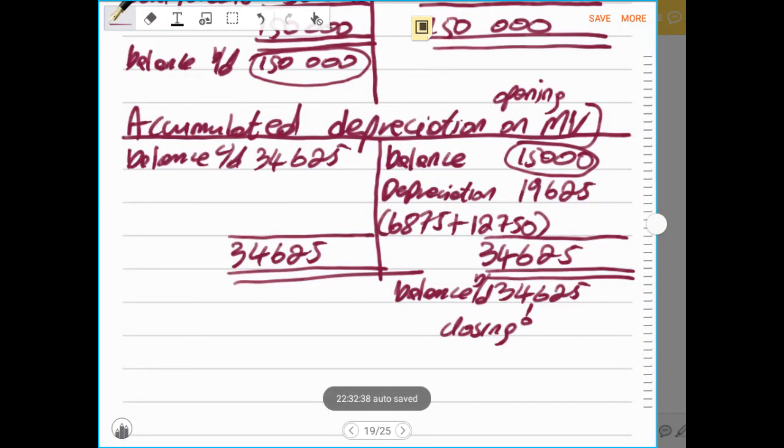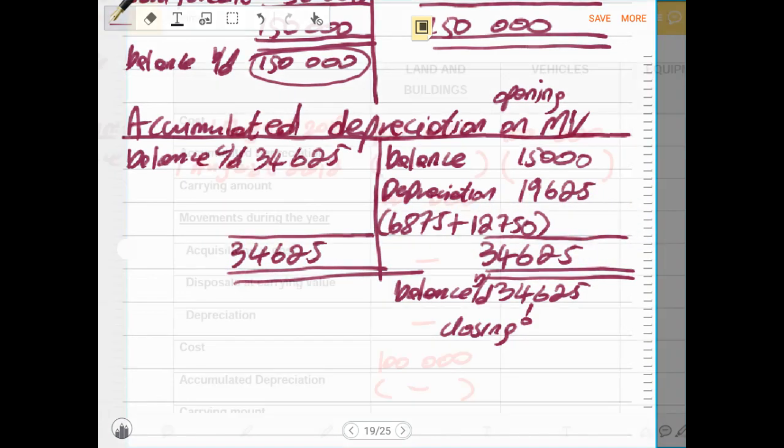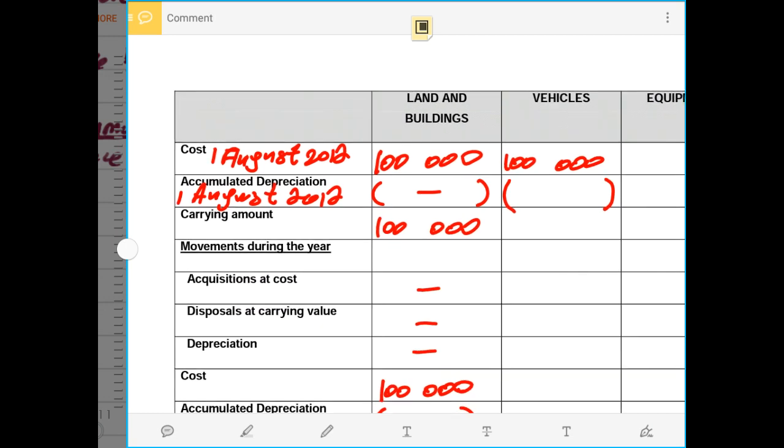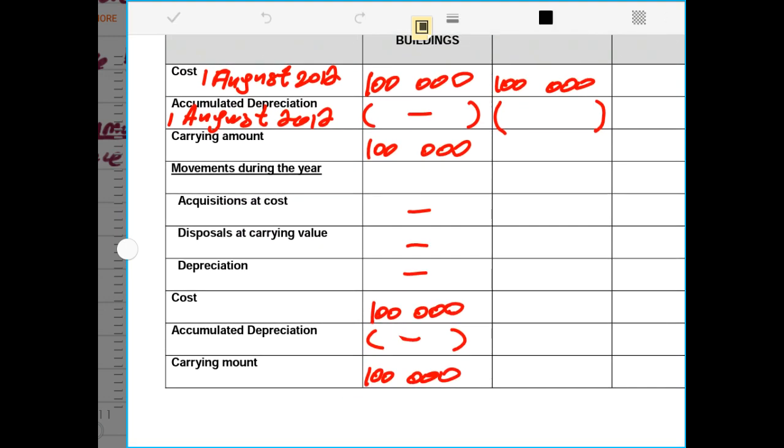So now we take the 15,000 rands as it is. We don't change it because it is an opening balance. So now we do the same thing. Just wrap there and add the 0. So 15,000 rands is the opening balance for motor vehicles. We write that as an opening balance, 15,000 rands. So the carrying amount for motor vehicles will be 85,000 rands. Then we come to the heading of the movements.